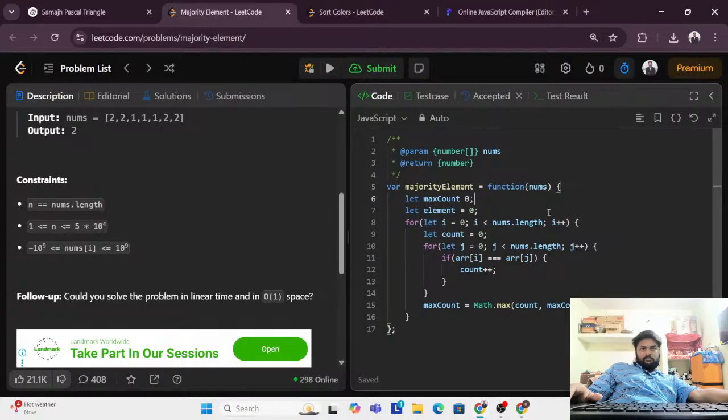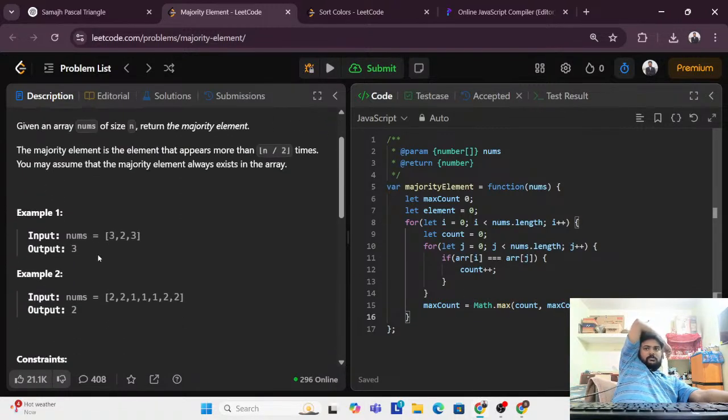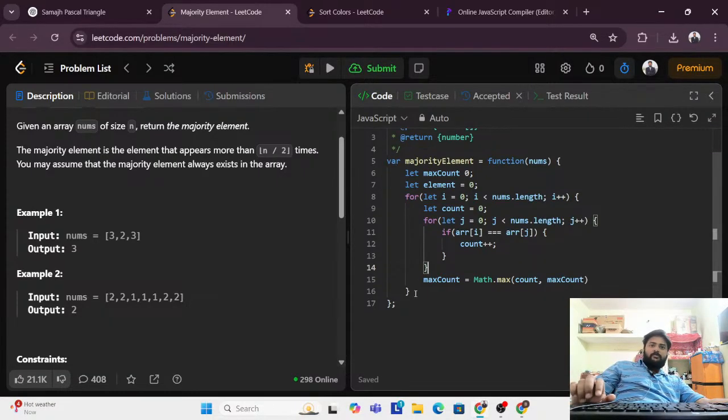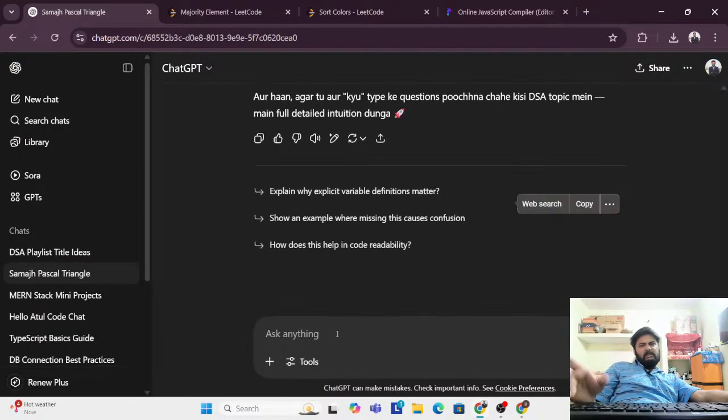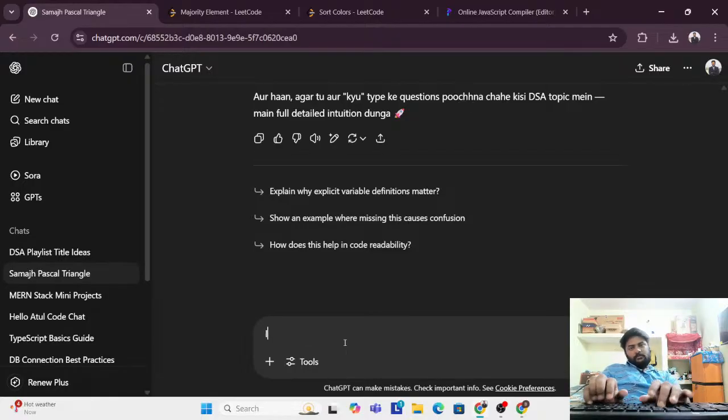I do not understand. I'm getting the count. Whatever the count is, I'll just return the count. But I do not want the count, I want the element. For that I need kind of a mapping. But I guess without using any space as well, I can definitely do this. I don't know what the problem is. I'm not getting the logic.